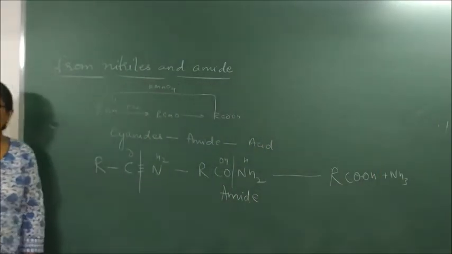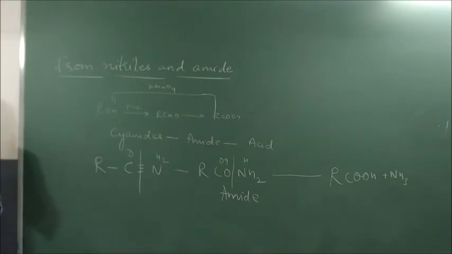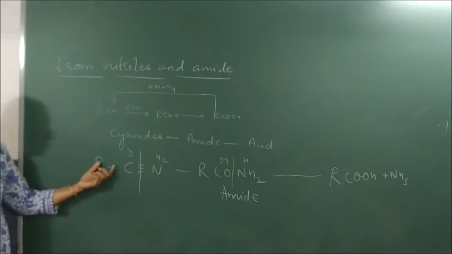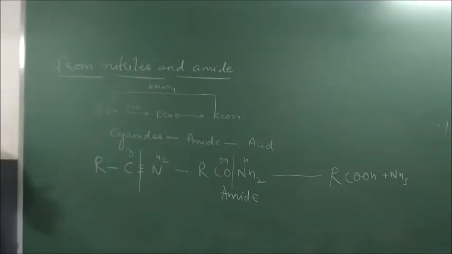So our concept should be: anytime I want acid from any aliphatic compound, I should try to convert the compound into chlorides. Once converted to haloalkane, then if I react it with AgCN or KCN, what happens?